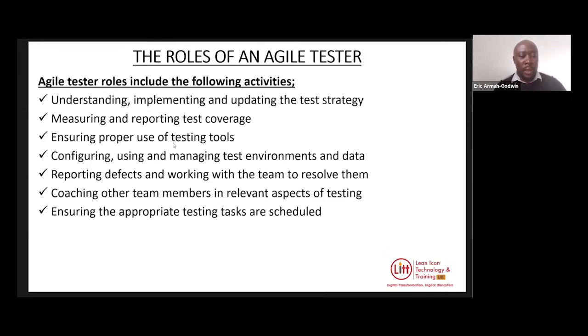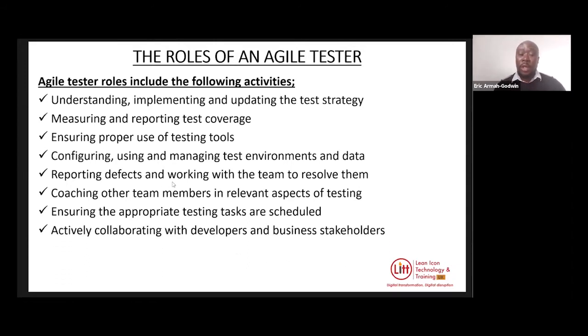Ensuring the appropriate testing tasks are scheduled. This is mainly about scheduling, the timing of automation and all kinds of testing tasks, component testing, integration testing. You want to make sure these are appropriately scheduled. Going back to the previous point, sometimes you may have third parties or other parties doing performance testing, security testing, and all kinds of things.